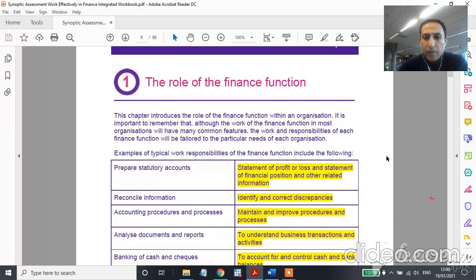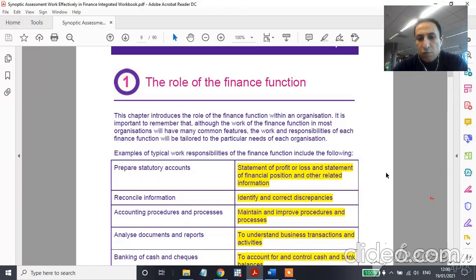What is preparing statutory accounts? This involves preparing the statement of profit and loss. You already know what the statement of profit and loss and the statement of financial position are. You learned about these two statements from bookkeeping transactions and bookkeeping controls with Margaret. In the statement of profit and loss, you already know about the income the company generated through its activity, and the expenses.